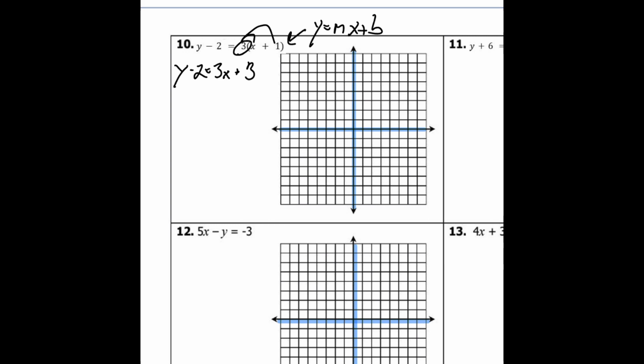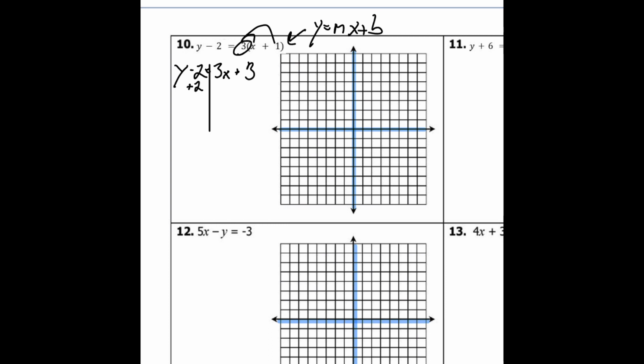So that means I need to move my negative 2 from the left side of the equal sign to the right side of the equal sign. Whenever I'm moving a term from one side of the equal sign to the other side of the equal sign, I have to use the opposite operation to do that. Since I have a y minus 2, I am going to plus 2.